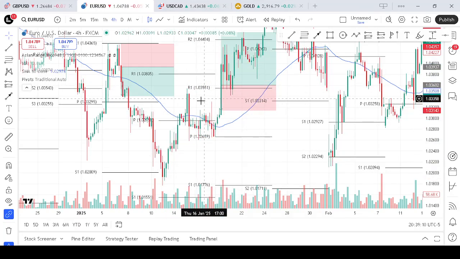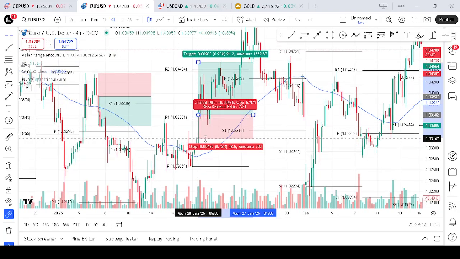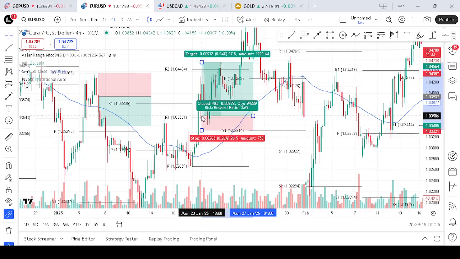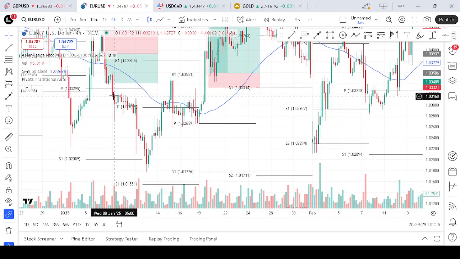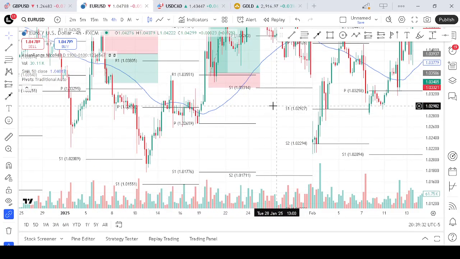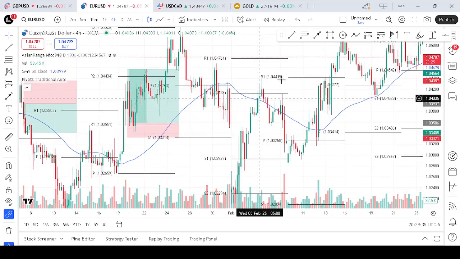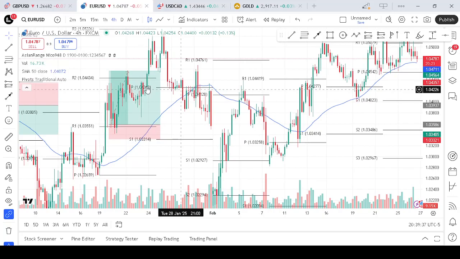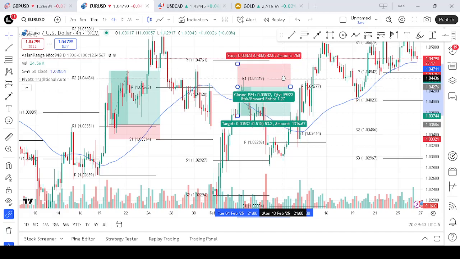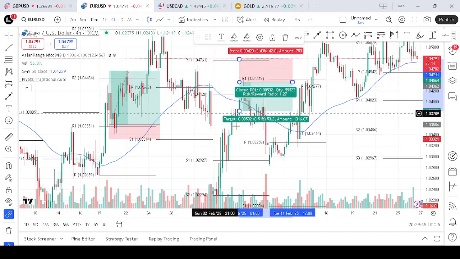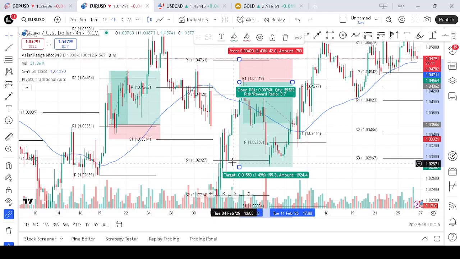If it's above both the pivot point and our moving average, it is more reason to go long. The same with our selling opportunity. If it is below the moving average and also below our pivot point, we can decide to take a sell trade at that area.